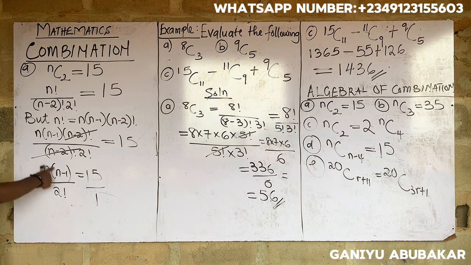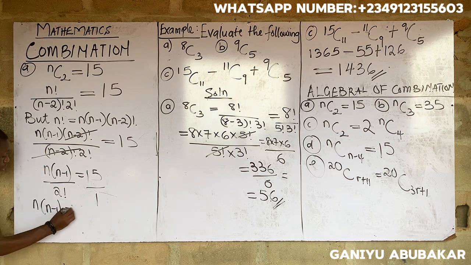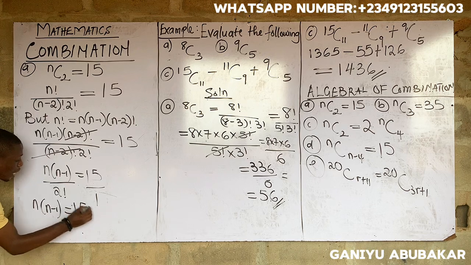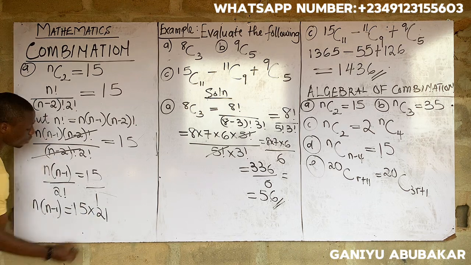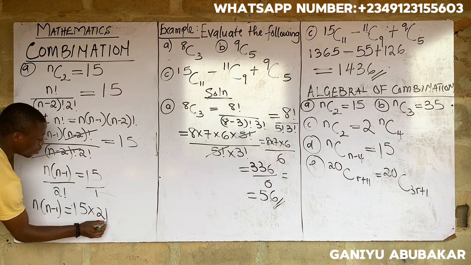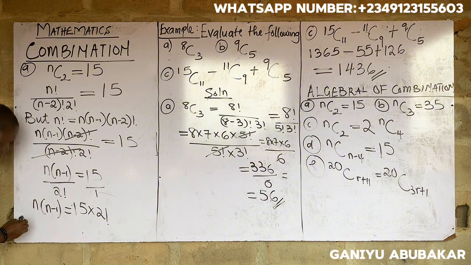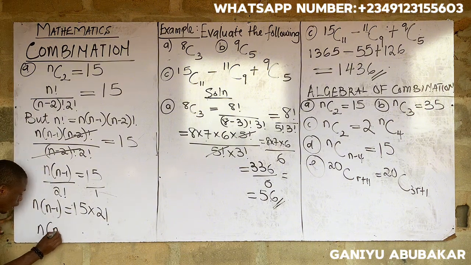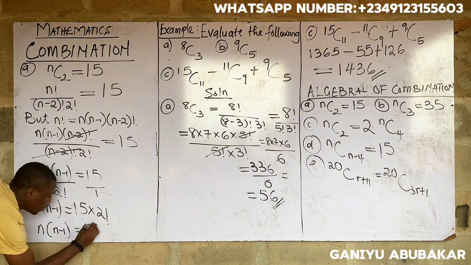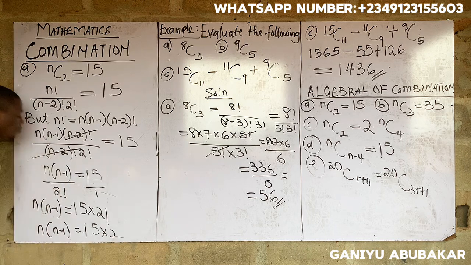So cross multiply. I'll have n into n minus 1 equal to 15 times 2 factorial. Of course, 2 factorial is still 2. So I'll have n into n minus 1 equal to 15 times 2.